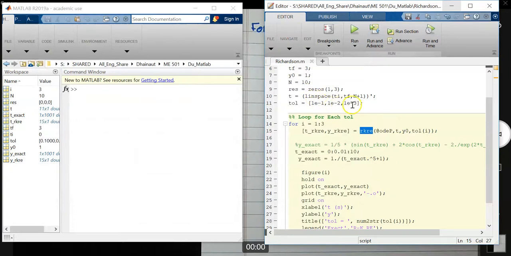So let's do the same as before, because there's no change between these two over here. 3 and 4, which is what was before, and let's rerun it.